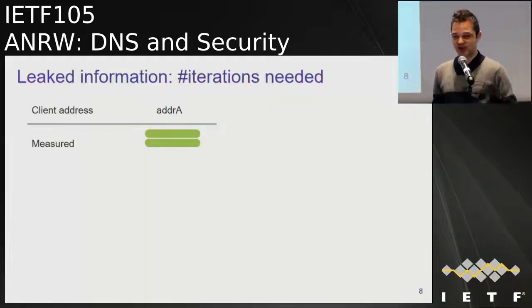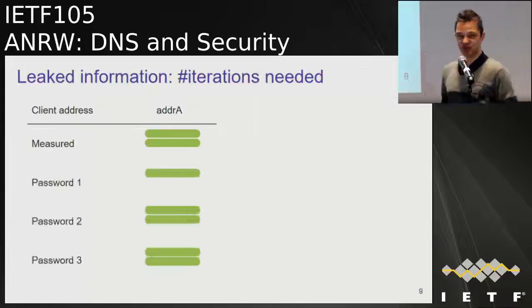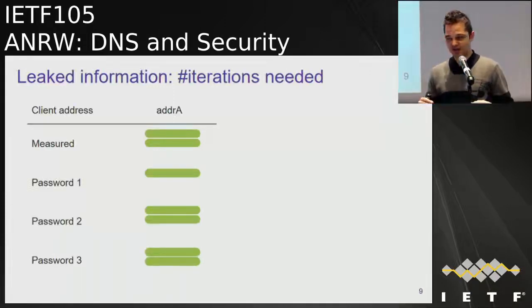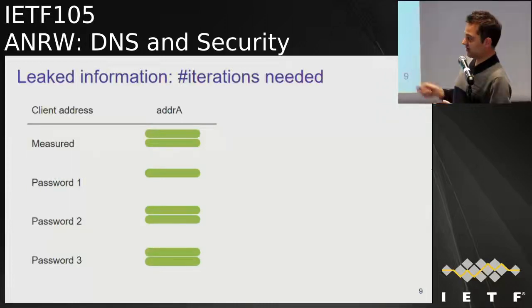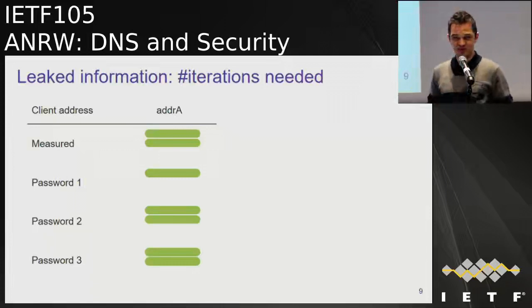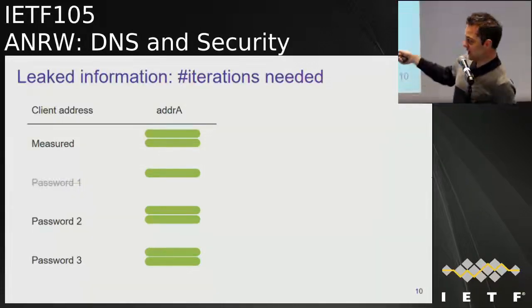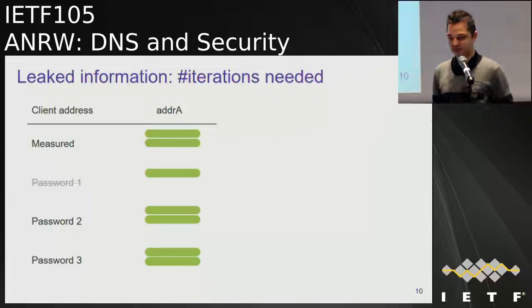What we can then do is guess some passwords. In our example here, we're trying 3 different passwords, and we can simulate this method that converts the password to a group element offline on our own PC. And we can notice here that, for example, for password 1, it only uses 1 iteration, which doesn't correspond with our measurements, so we can exclude the password based on that. The other 2 passwords are still possible.